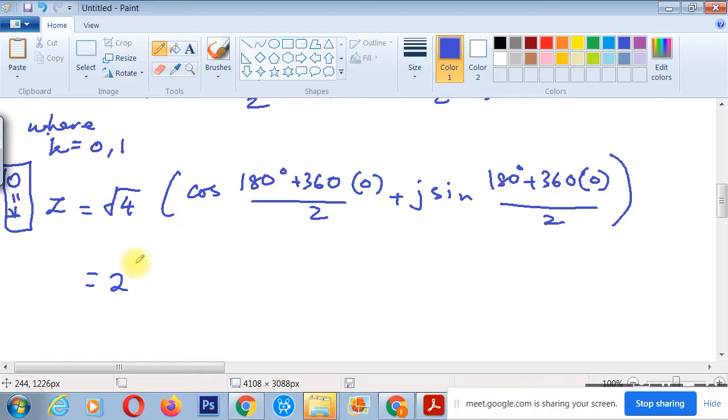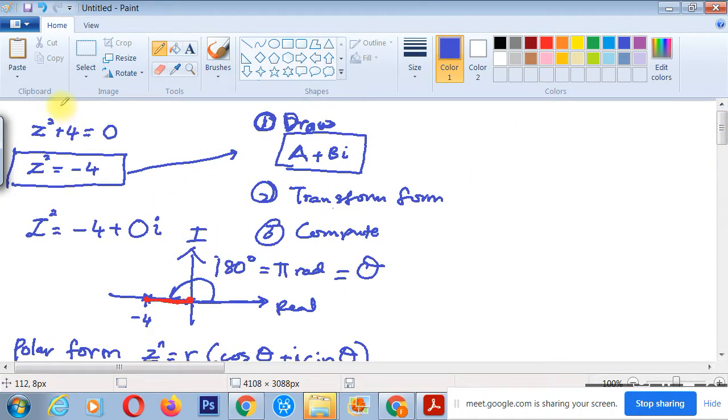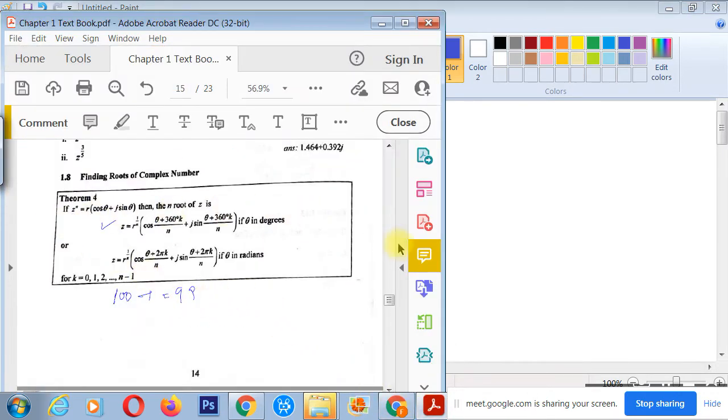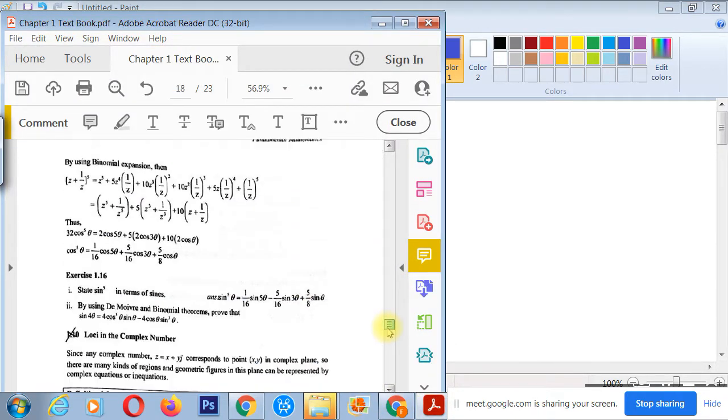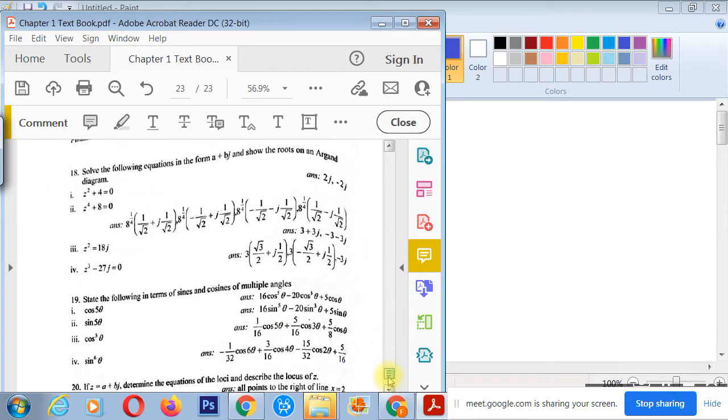Yeah, we calculate the square root for the complete circular root, for the tutorial question, which is this question in the tutorial. So in this tutorial we need to find z squared plus 4.